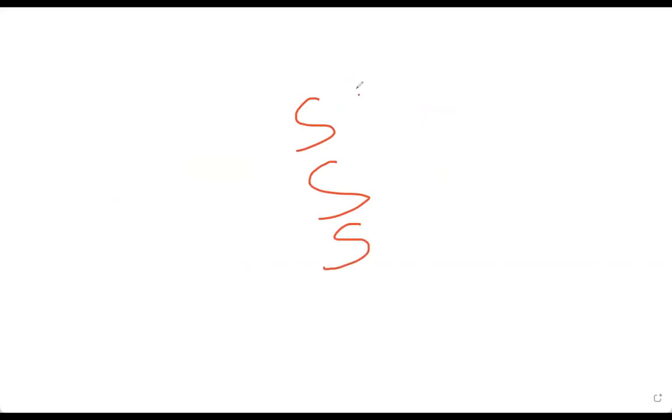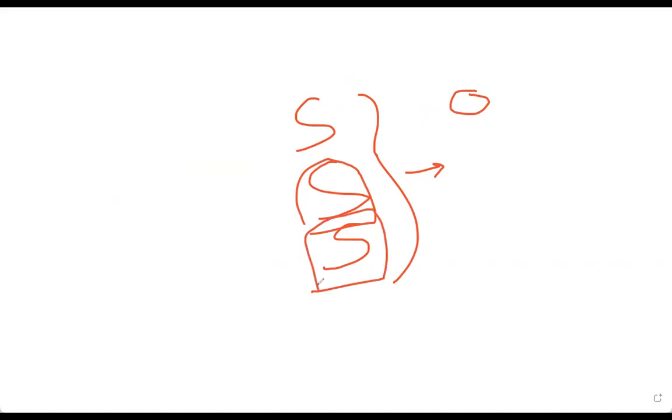These 3 S are for 1.5 years. Maybe he's playing alone, or maybe he will do a symbolic play like feeding a doll, or maybe he's a spectator, means just watching the play.